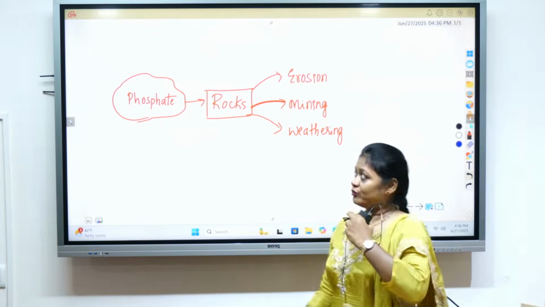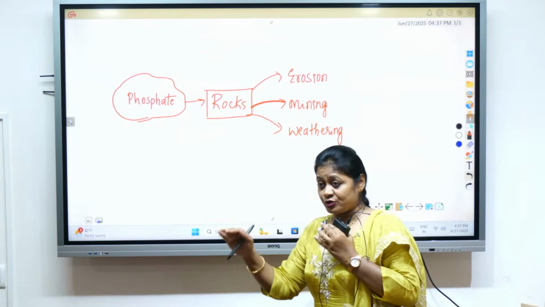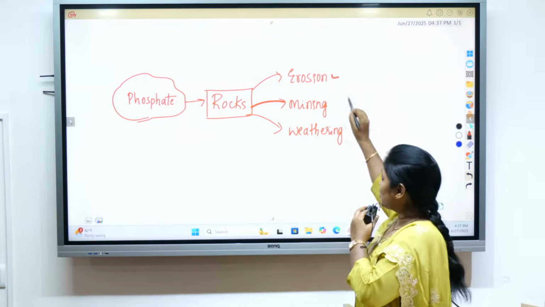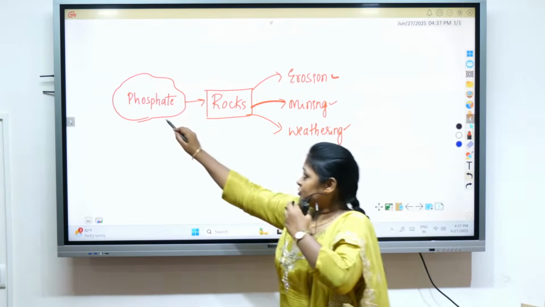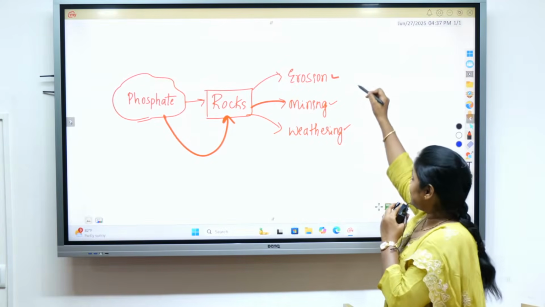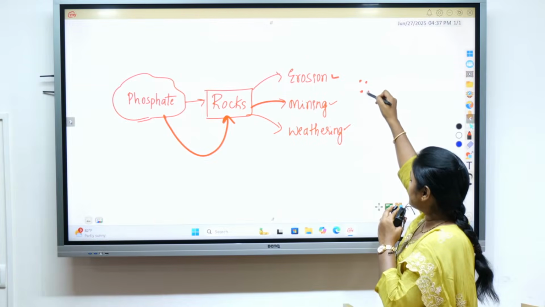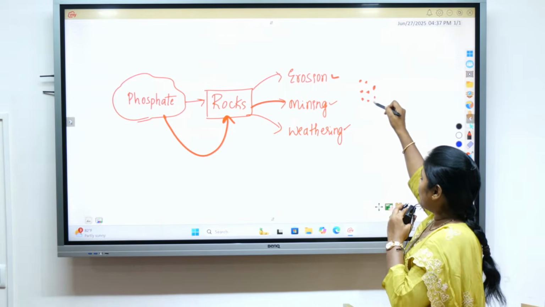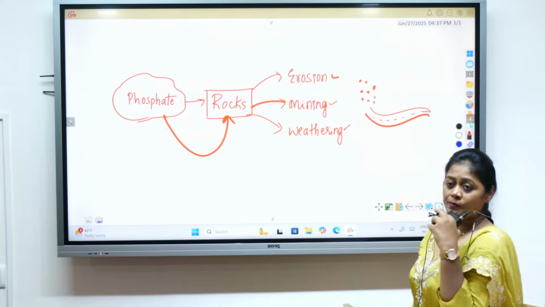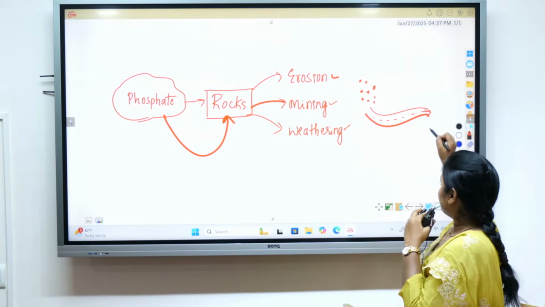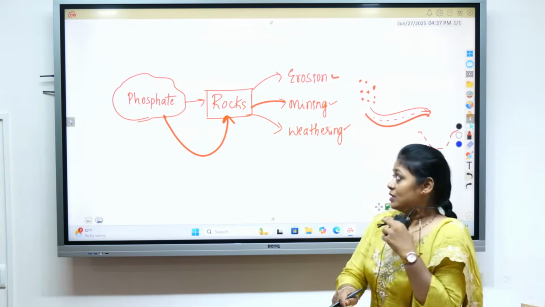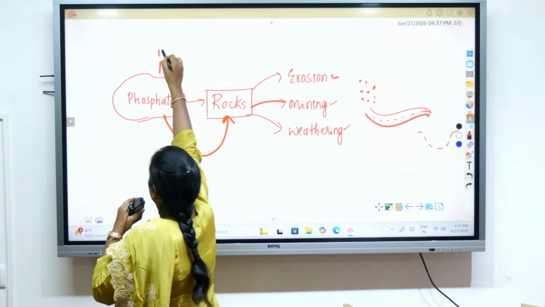These phosphates are released from the rocks, and the sediment which contains phosphates flows into the river, and this river water finally gets into the ocean.